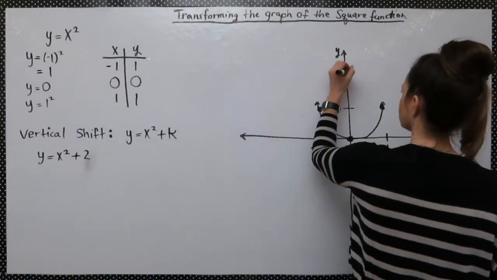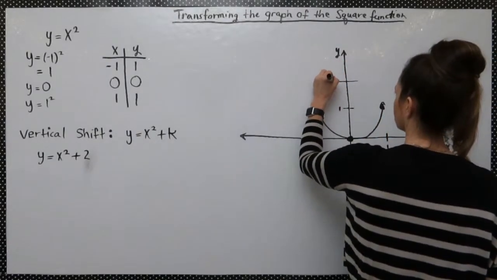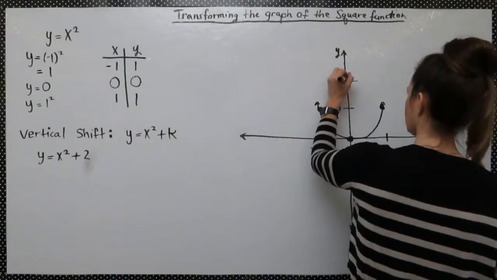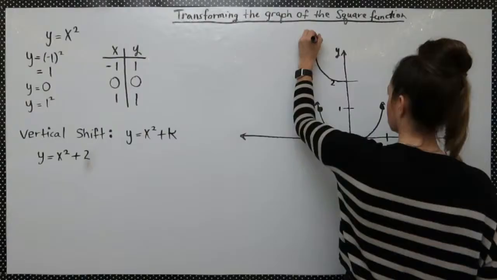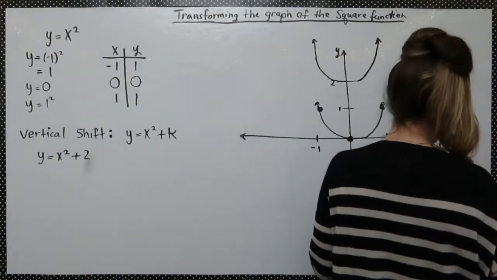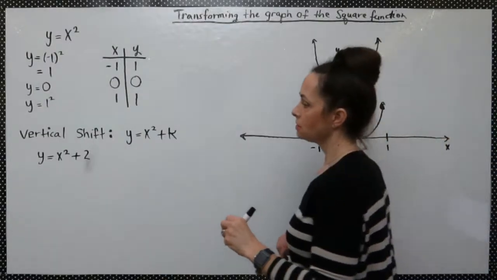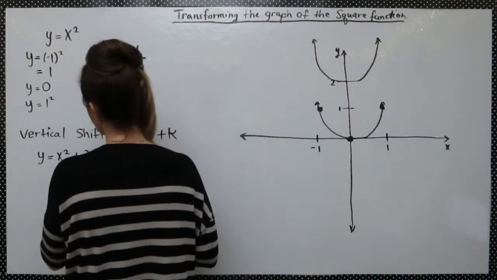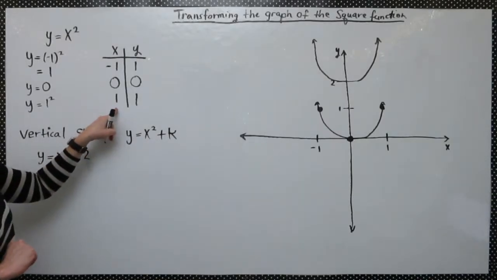Then I have this very same graph right here, only now it's got this thing going on. It's the very same graph, only it's been shifted up 2. So what this is doing, it's not affecting the x values.